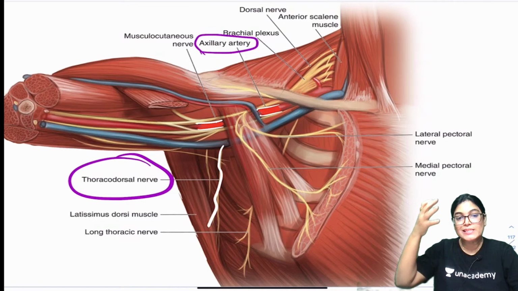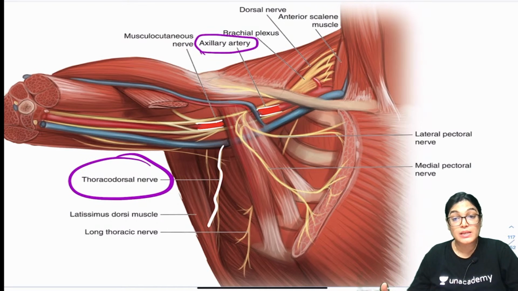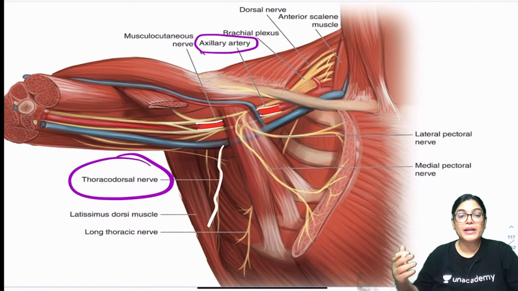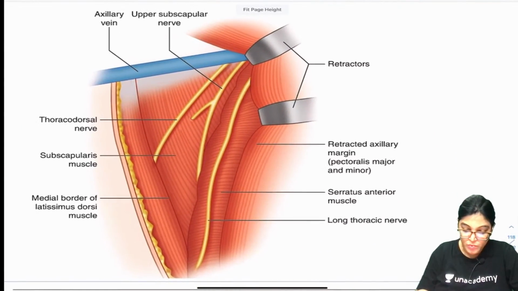The subscapular muscle. So the course of the thoracodorsal nerve: it is a branch of the posterior cord of the brachial plexus, passing on the deeper aspect of the axillary artery and running over the subscapular muscle.